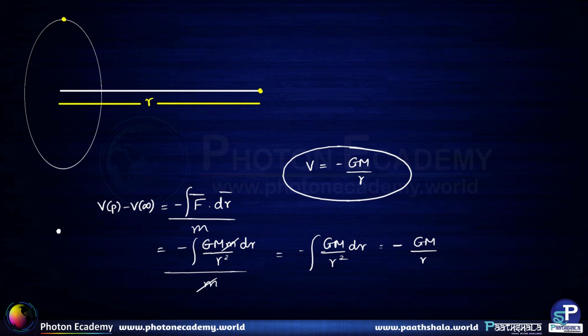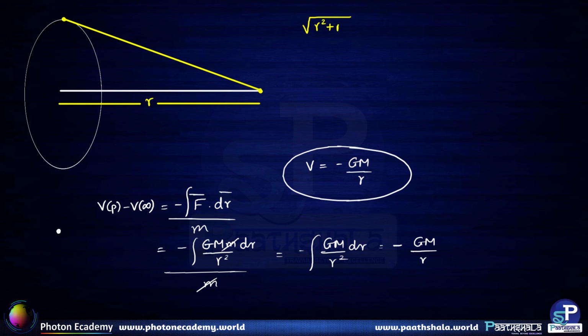So we can just find out what is the distance of this particular point from all the points on the edge of the ring. So that distance happens to be under root of r square plus capital R square, capital R being the radius of the ring.